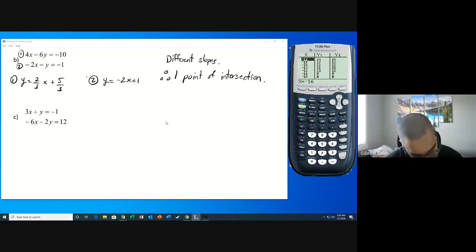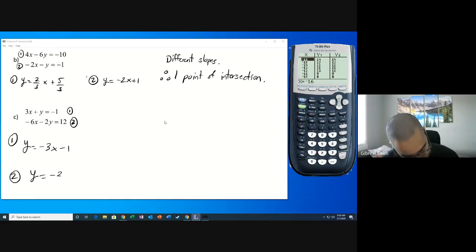Okay, for C, same idea. So this is 1, this is 2. Number 1 simplifies to being y equals negative 3x minus 1. Number 2, when you rearrange that one, y equals negative 3x minus 6.